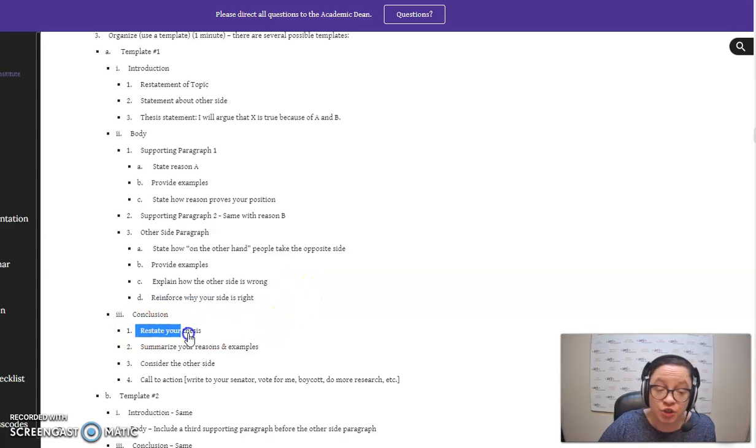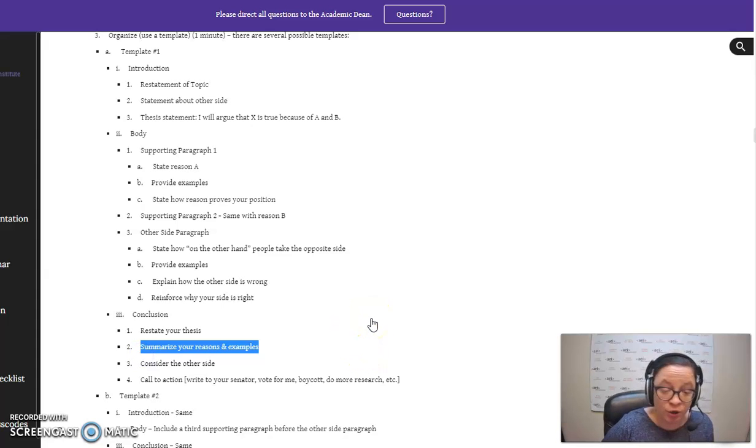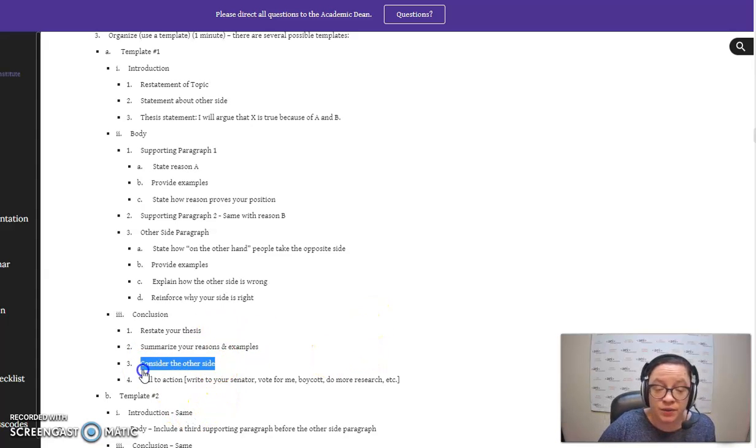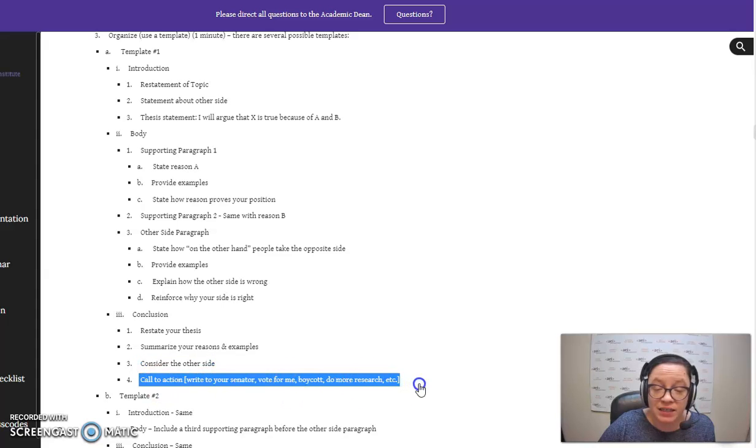Finally, the conclusion, a restatement of the thesis, a summary of reasons and examples for the supporting argument, a brief consideration of the other side, and finally, some call to action. This may involve suggesting that somebody write to their representatives, to vote for somebody, to boycott a business, to do more research, whatever. But that's usually a good way to wrap up an essay.